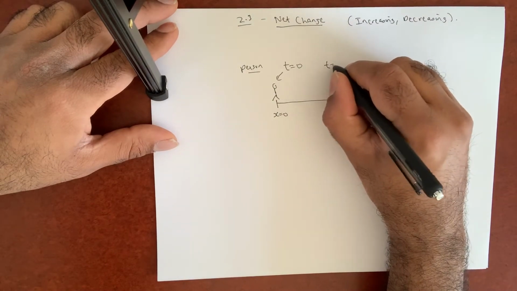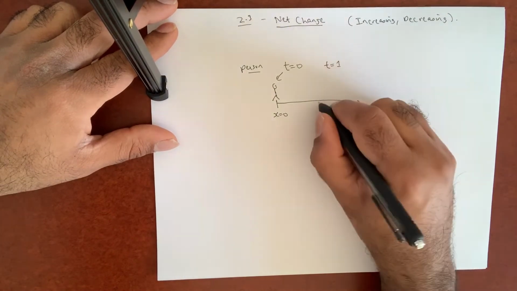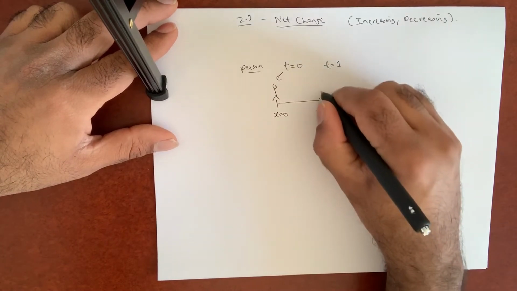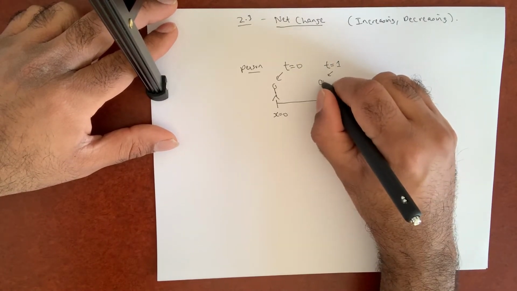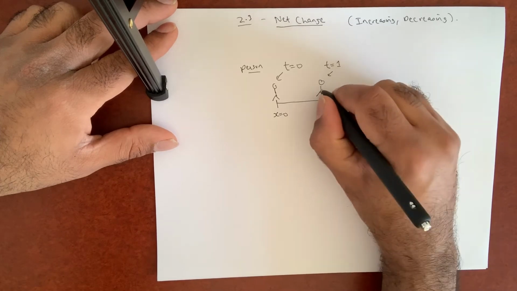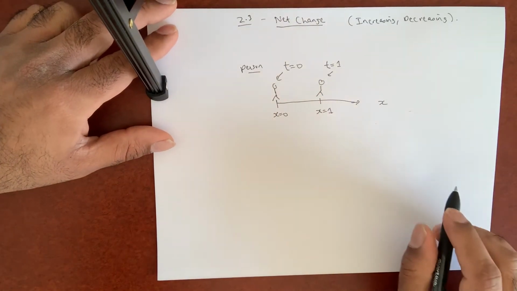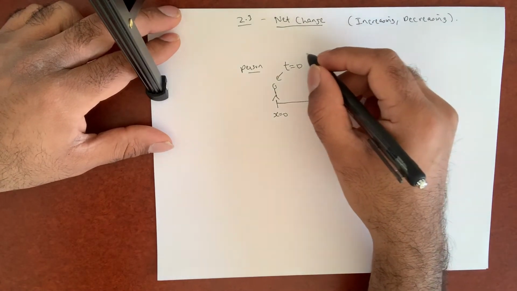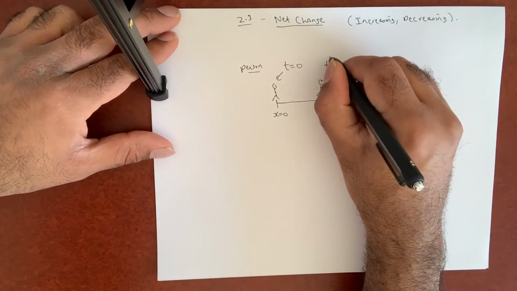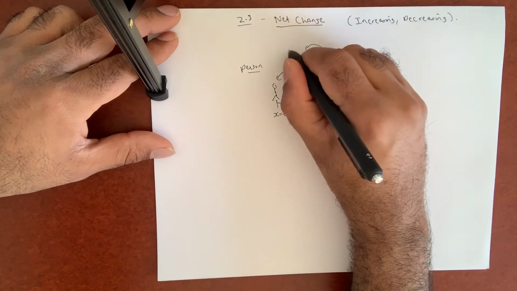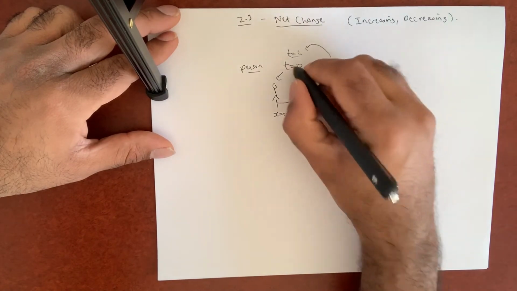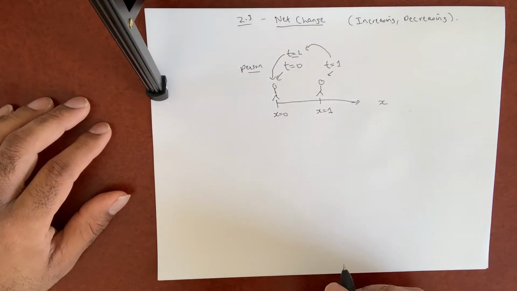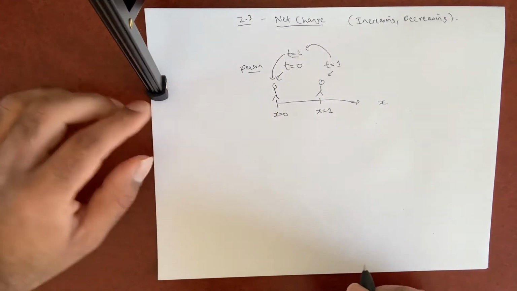Then at time, say after 1 second, you move forward to this spot. So after 1 second, you've moved over 1 unit. And let's just say by the time you're at time 2, you're back at the 0 point where you started.